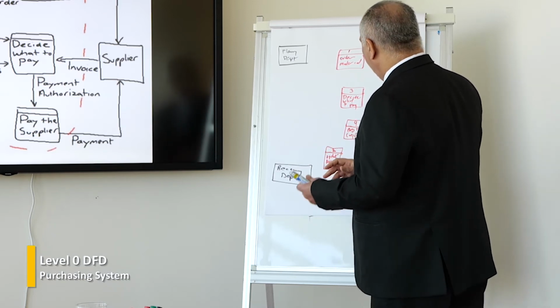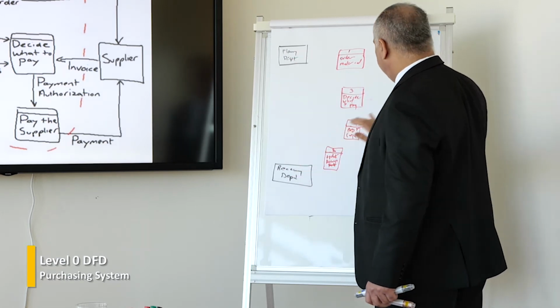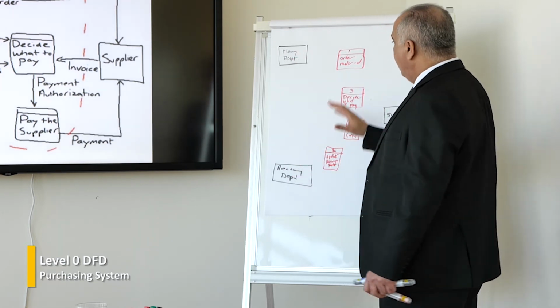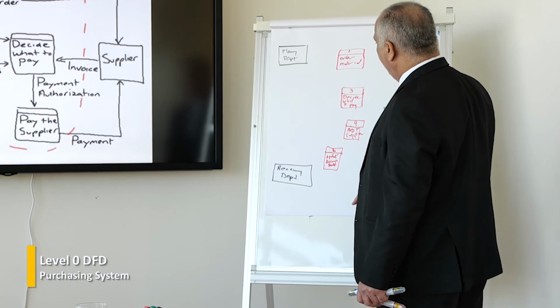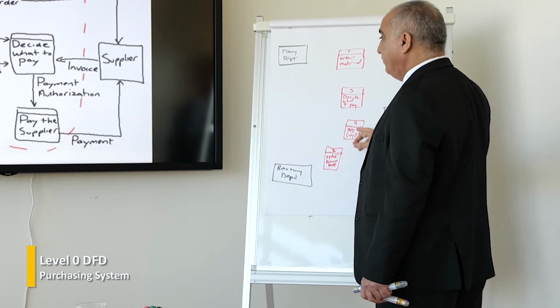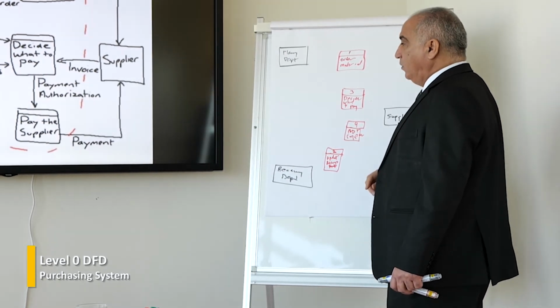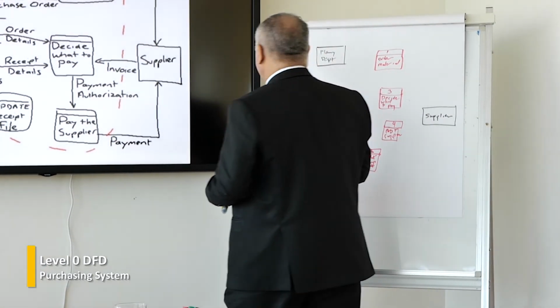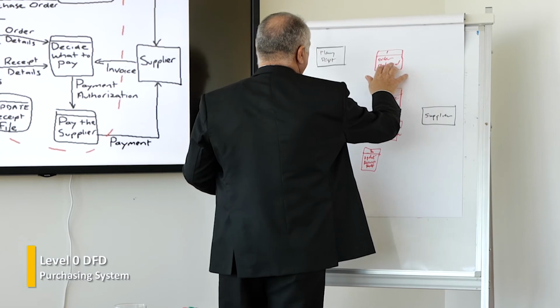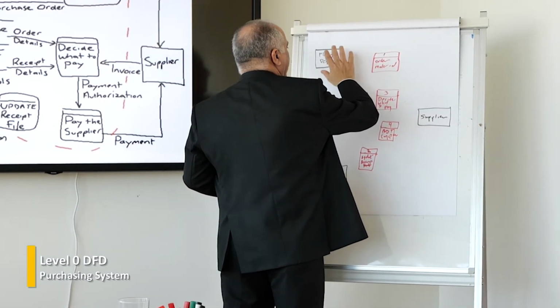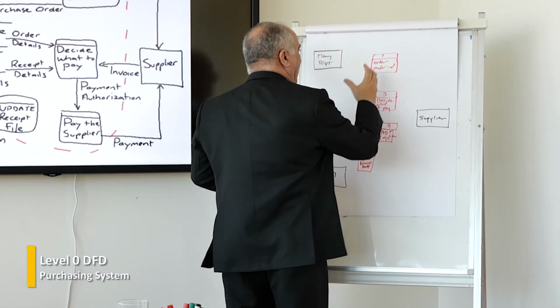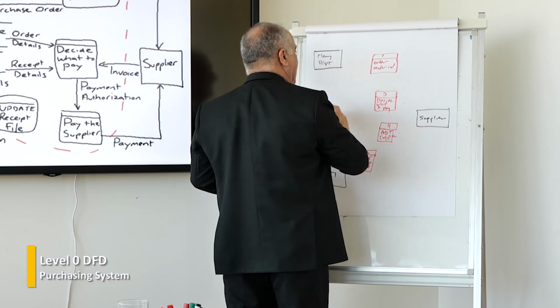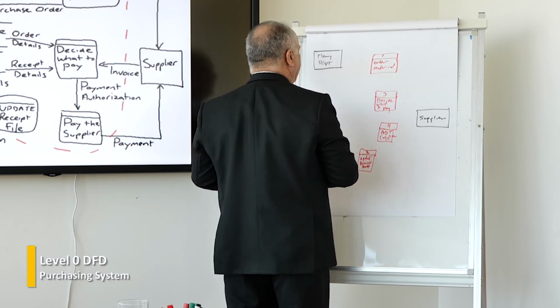So now we have the externals, and we have processes 1, 2, 3, 4. And now we need to identify, for each process, the interactions between them and the externals. A process generates data, so we need to store the data.